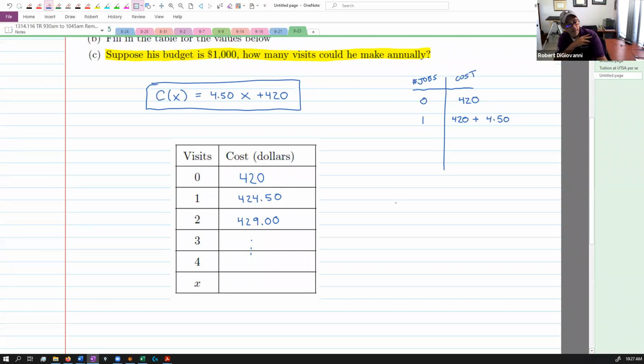So yeah, I think it was Joshua who said that. What we'll do is we'll take 450x plus 420, and we'll set it equal to 1,000. This is for part C. And then we subtract 420 on both sides, and that should give us 580. And then we take 580 and divide that by 450.